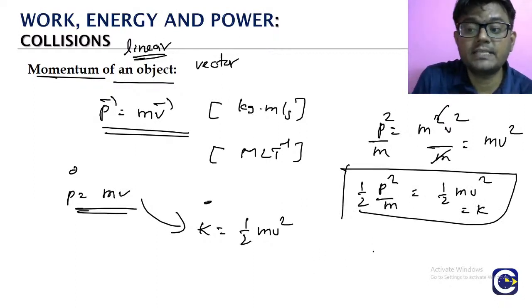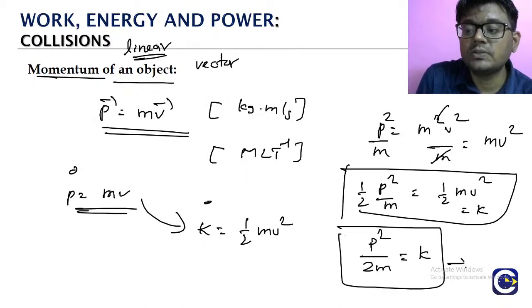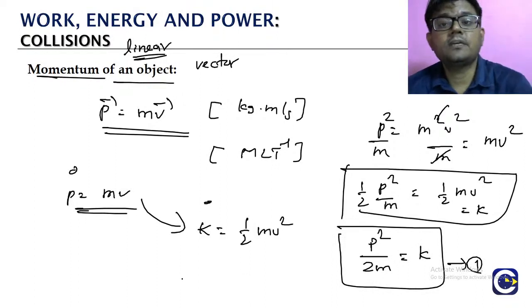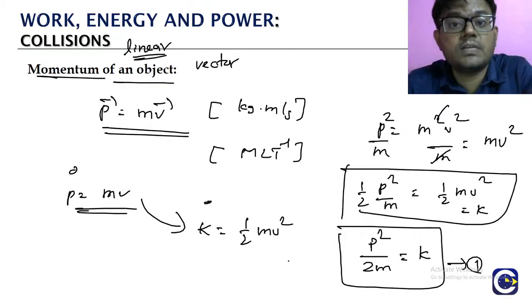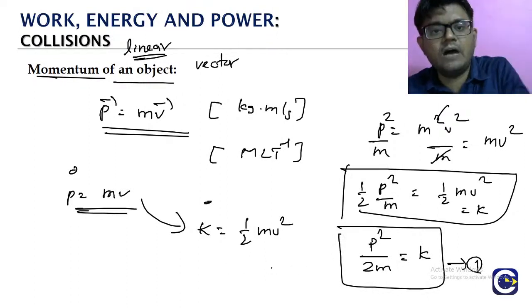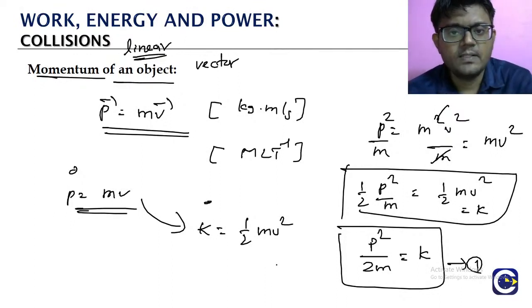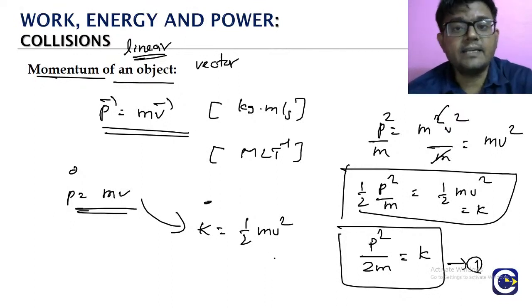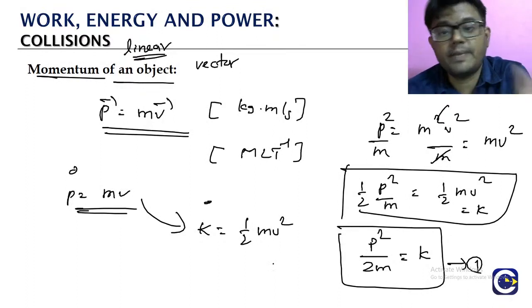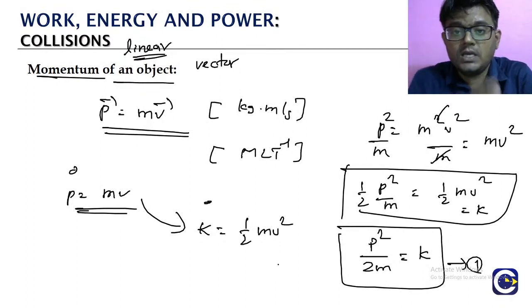So the relation is p square by 2m equals kinetic energy. This is the formula for kinetic energy in terms of linear momentum. For any object, if the linear momentum value is given, we can express the kinetic energy as p square by 2m.